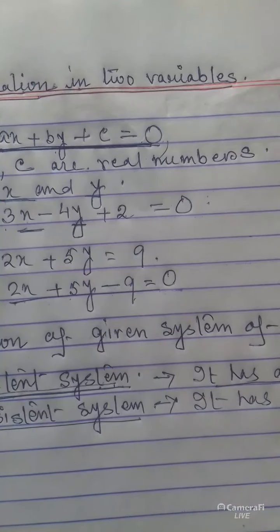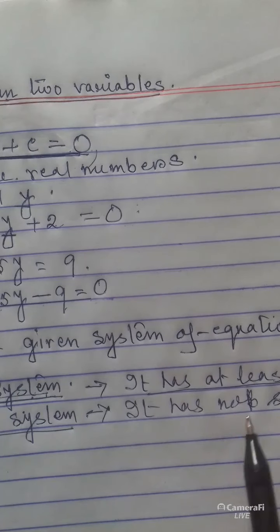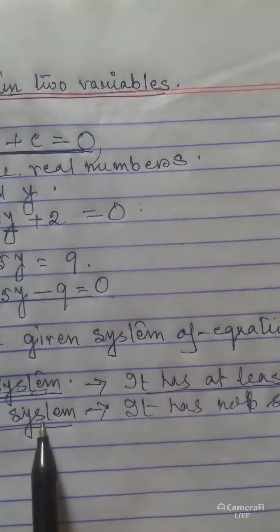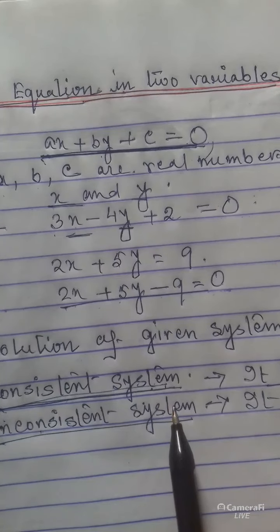And an inconsistent system of equations is said to be inconsistent if it has no solution at all. So what is consistent system? A consistent system means it has at least one solution, minimum one solution. And if it has no solution, then it is called an inconsistent system of linear equation.